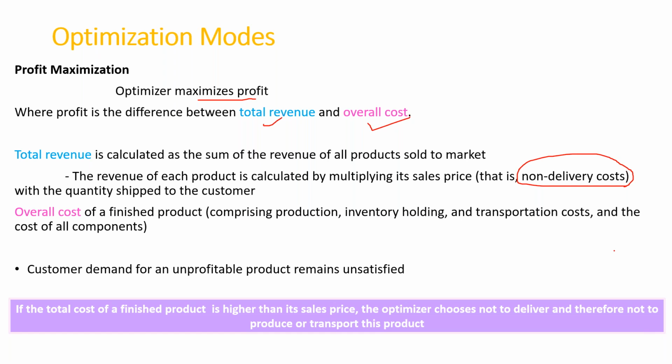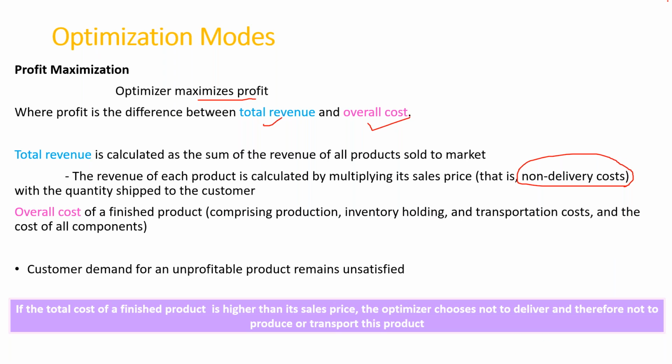So there is a key figure called non-delivery cost. That is an important one in the optimizer. You have to maintain a very high non-delivery cost. Only then will the optimizer think it is business viable to come up with a supply plan for that product.